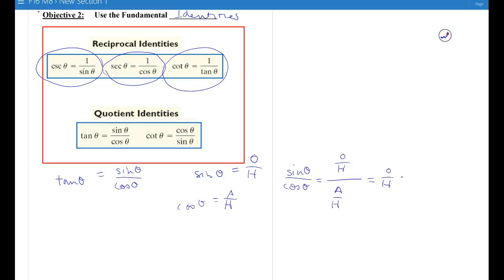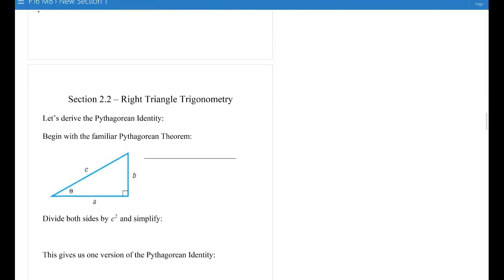Divided by a fraction, we actually multiply by the reciprocal. So we see the h's cancel, and sure enough, we get opposite over adjacent, which is the tangent of theta. In a similar way, the cotangent is the cosine over the sine. So you need to get very familiar with these identities.